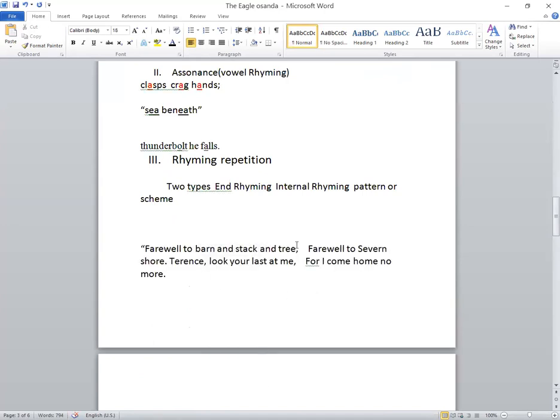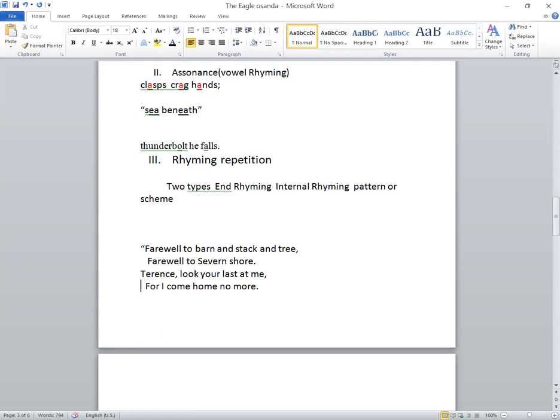Farewell to barn and stack and tree. Farewell to Severn shore. This is the poem. Right. Now tree rhymes with me. Shore rhymes with more.